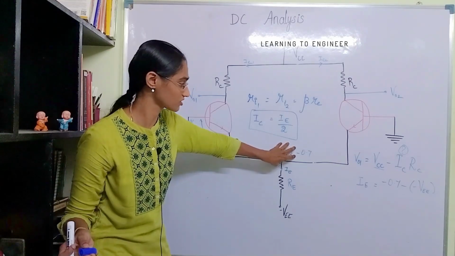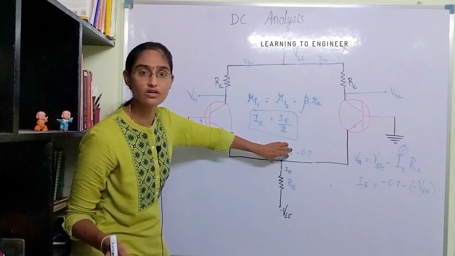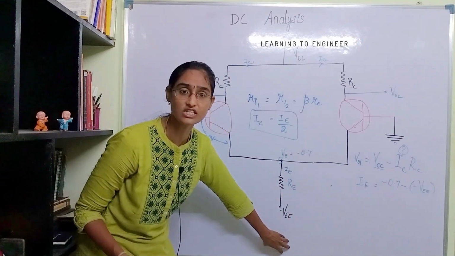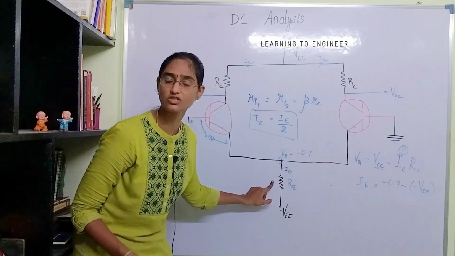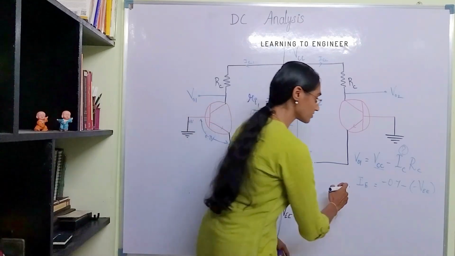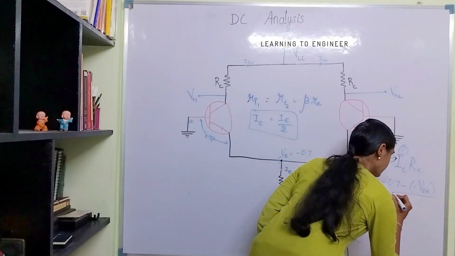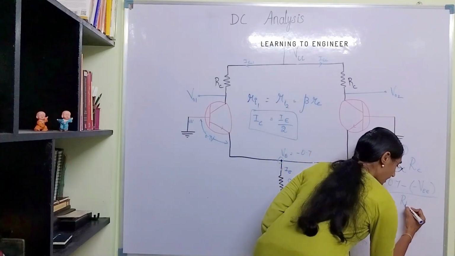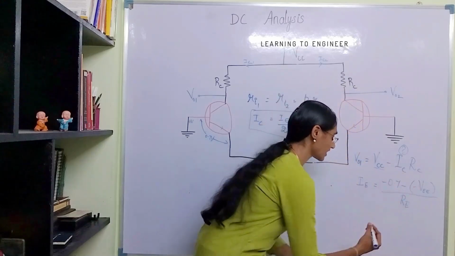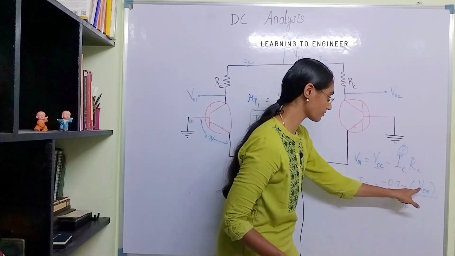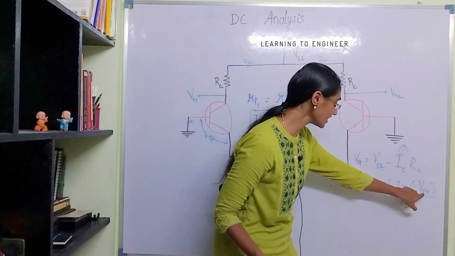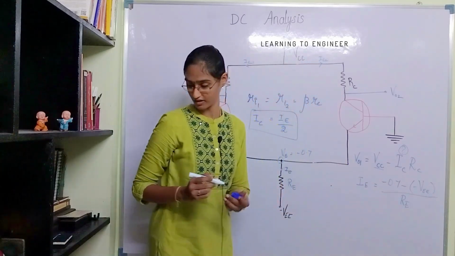Yes, it is the higher voltage. So the higher voltage minus the lower voltage divided by the resistance through this path. This is equal to this voltage difference divided by RE. We will slightly rearrange, and minus of minus is plus. So this is VEE minus 0.7.